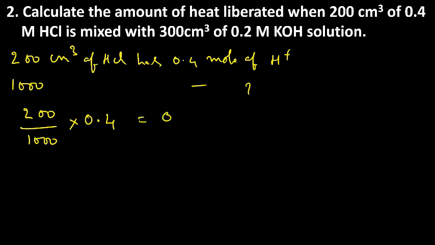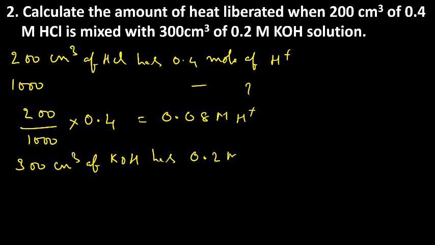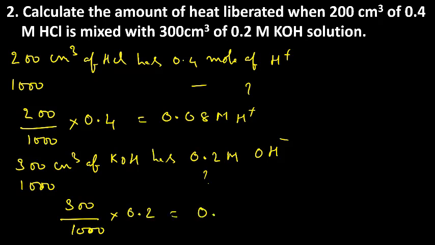So this is nothing but 0.08 m H plus. Similarly, how much KOH? 300 centimeter cube of KOH has 0.2 m OH minus. Therefore, 1000 centimeter cube how much? Therefore, this is 300 by 1000 into 0.2, which is equal to 0.06 m OH minus.